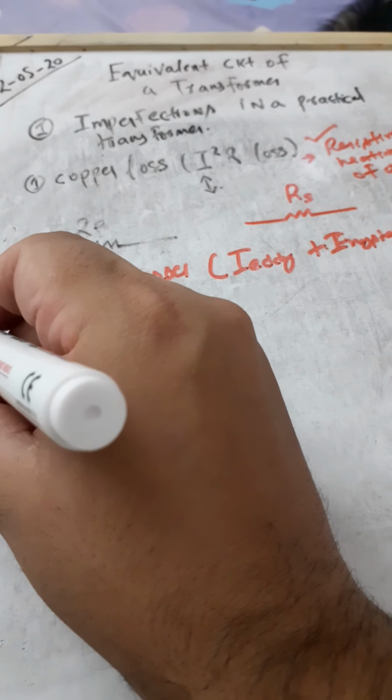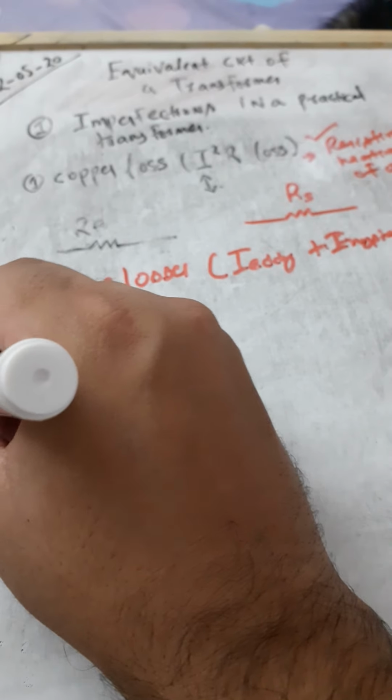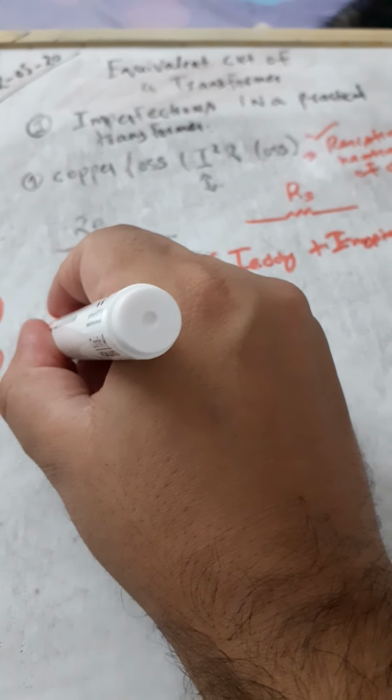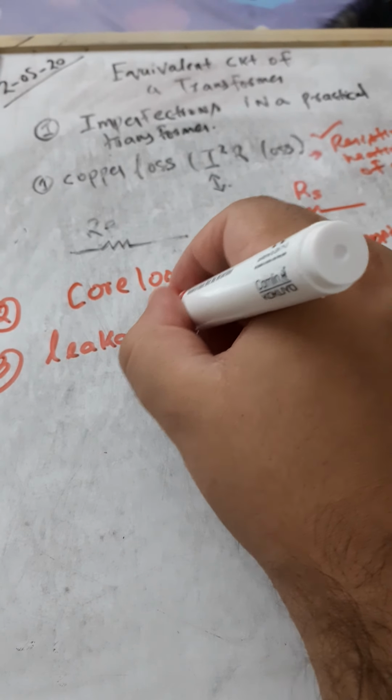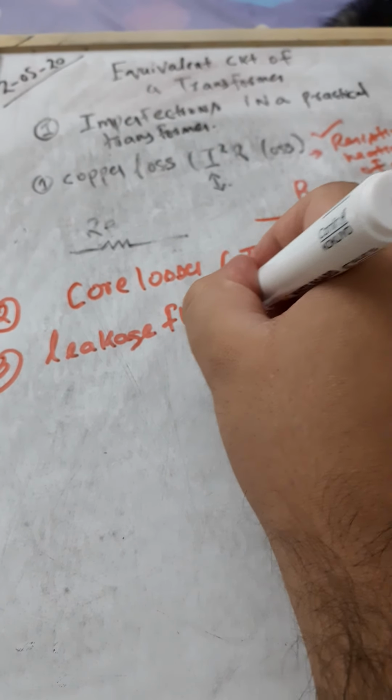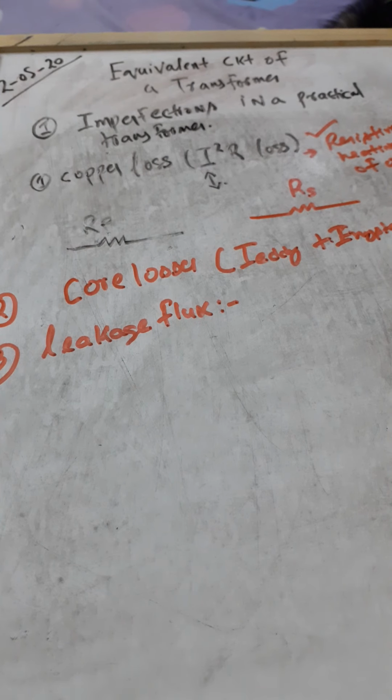So these are the two core losses, and the third is your leakage flux, as we already discussed. Leakage flux is that flux which does not link with both the windings, whereas the mutual flux, due to the mutual induction, links with both the windings. This leakage flux escapes through the core and passes through only one of the transformer windings.